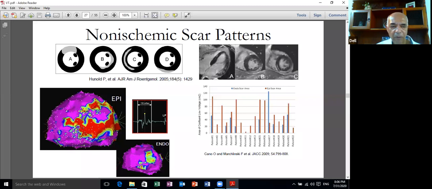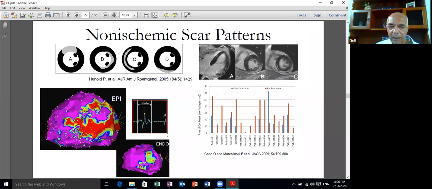If you compare the epicardium with the endocardium downstairs here, you will find that the scar is much more prominent on the epicardium than on the endocardium. So in many patients with non-ischemic cardiomyopathy, you need to ablate on the epicardium. You can approach the epicardium through a subxiphoid intrapericardial approach or sometimes through the coronary sinus.